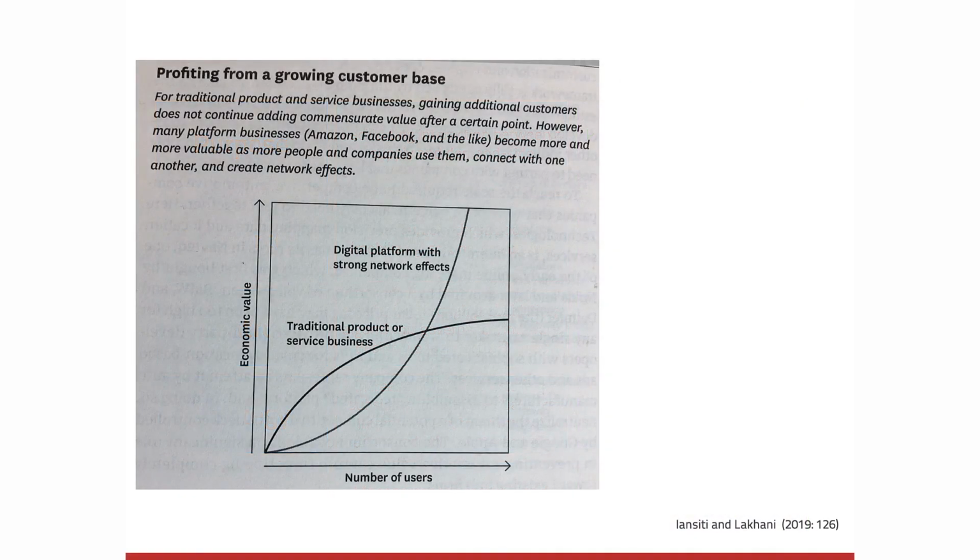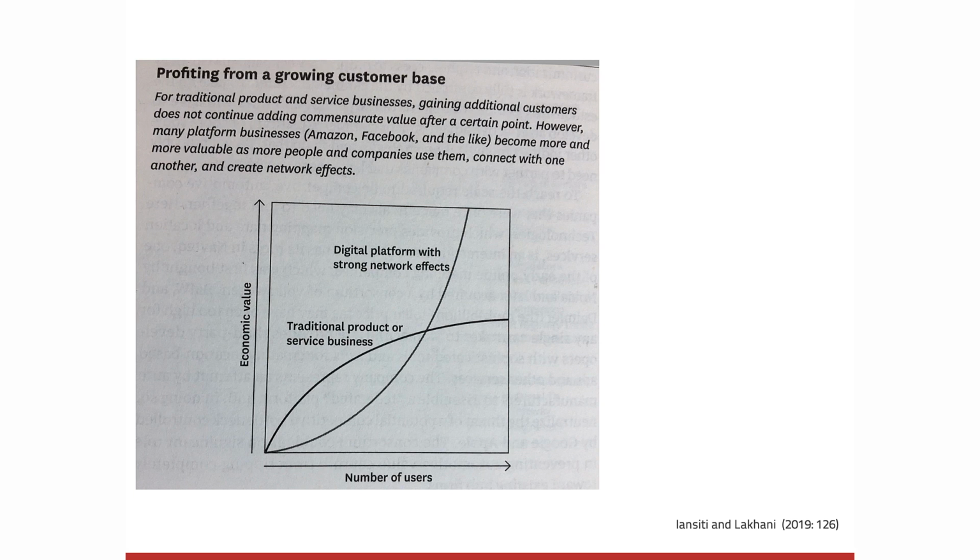And we already talked about network effects, and you will also read about it in the literature, in the readings by Evans and Schmalensee, also by Van Alstyne and colleagues. I just want to show you also this image from an article in Harvard Business Review, where they really emphasize that the digital platforms with strong network effects surpass traditional product or service businesses.